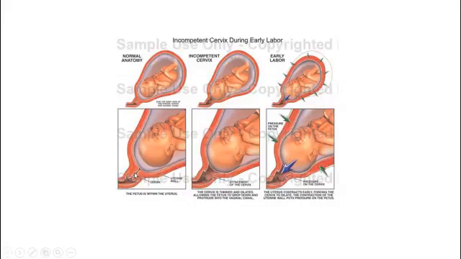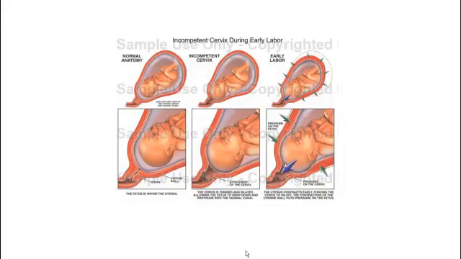Obviously, we don't want the baby coming out early. It's not until the woman actually goes into labor that the cervix dilates and allows for passage of the baby. So with an incompetent cervix, that will dilate early and stimulate premature labor. That clearly is not something that we would want to see.